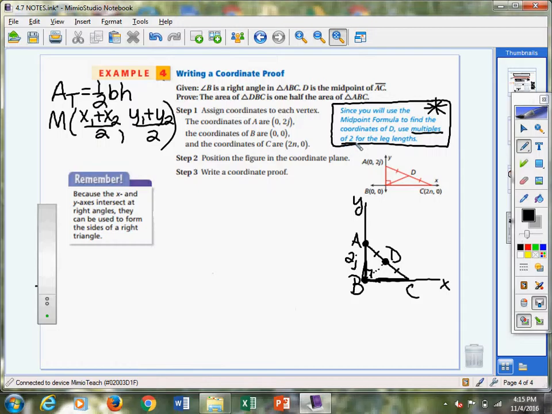So that's why they're advising you to use multiples of 2. In other words, whatever letter you pick for the distance, multiply it by 2. That's a multiple of 2, okay? So if I'm going to call this distance right here 2j, that means the name of this coordinate at point A, remember it's a y-intercept, will be (0, 2j).